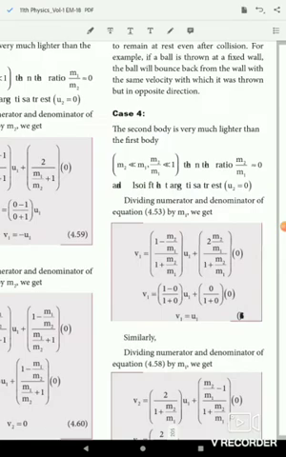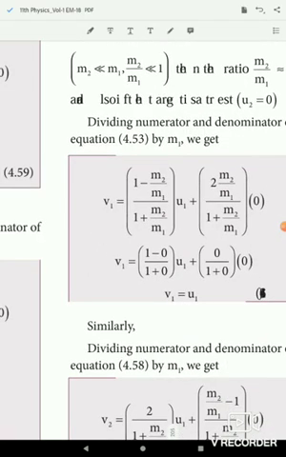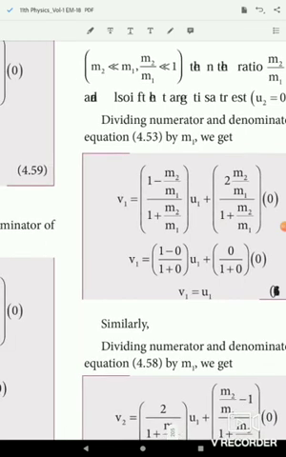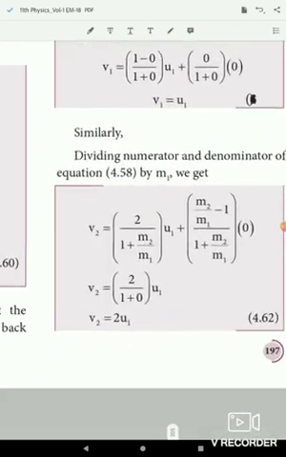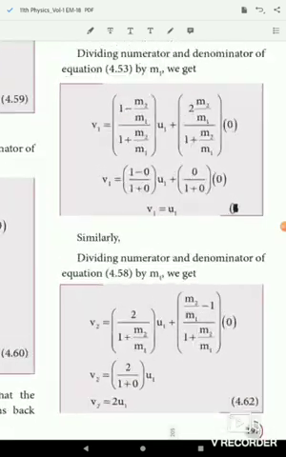Substituting the values, v1 = (1 − m2/m1)/(1 + m2/m1) into u1 + 2(m2/m1)/(1 + m2/m1) into u2. So v1 = (1 − 0)/(1 + 0) into u1, and v1 equal to u1.